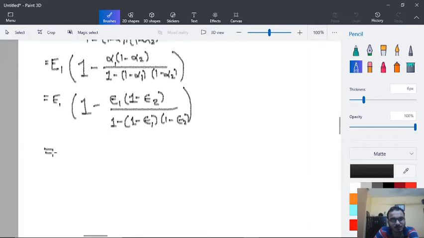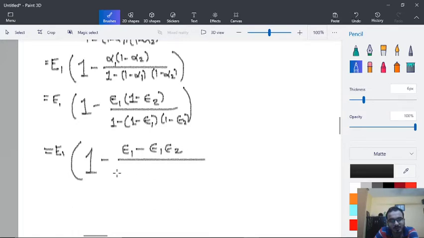which is equal to E1 into 1 minus epsilon 1 minus epsilon 1 into epsilon 2 divided by 1 minus epsilon 2 minus epsilon 1 plus epsilon 1 epsilon 2.